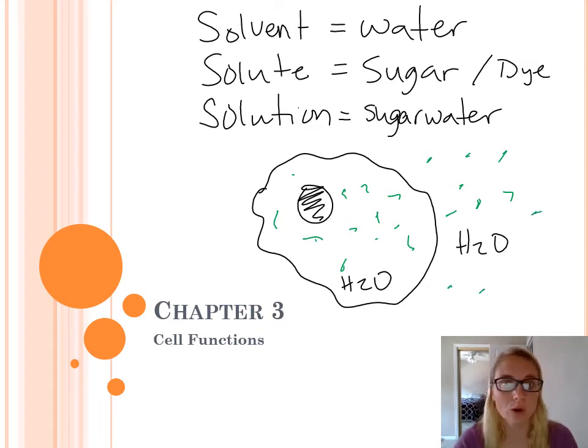We're not pure water inside of the cell, and not pure water outside of the cell. We're water mixed with some sugars and proteins and salts and lipids, all mixed together. So our cytoplasm is like a solution, and the environment that our cells are bathed in is like a solution, a mix of water and solutes.